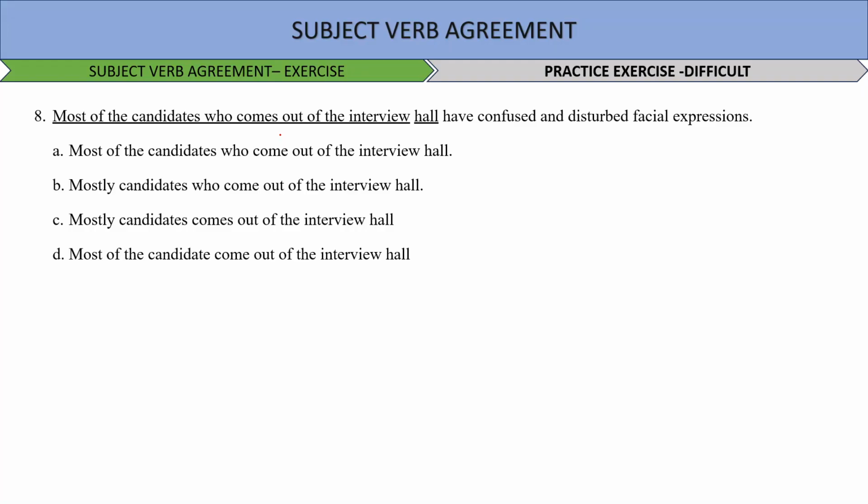So in option B, C, you see the meaning changes completely, right? And in option number D, basically it omits the pronoun. There is no pronoun used here, so this is also not making the answer. So the correct answer will be most of the candidates who come out of the interview hall. This is an appropriate one.